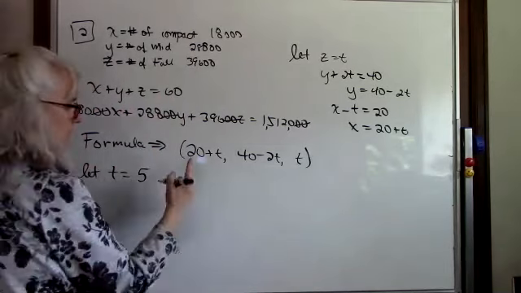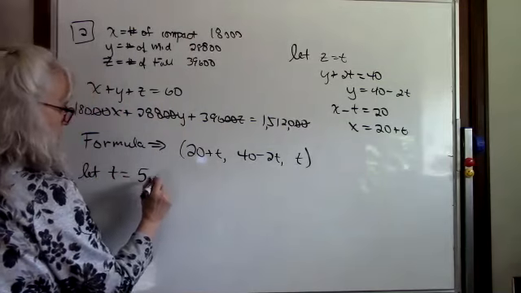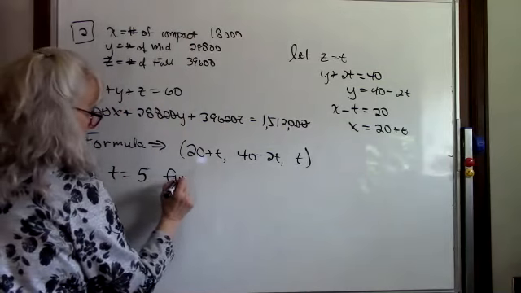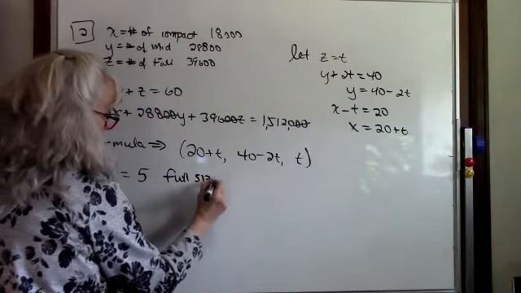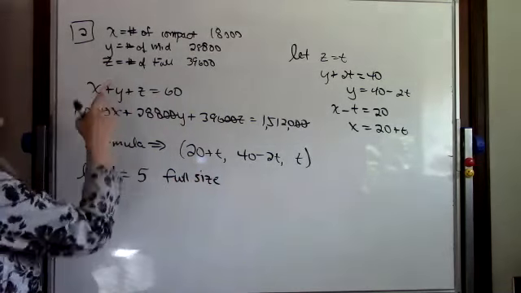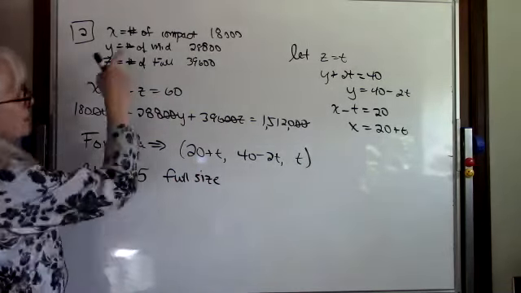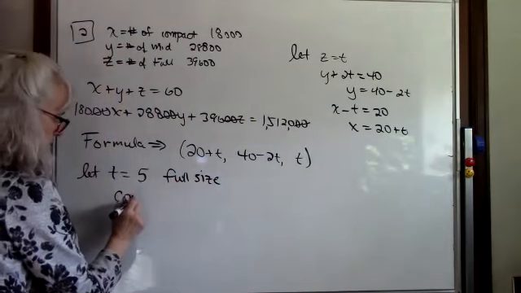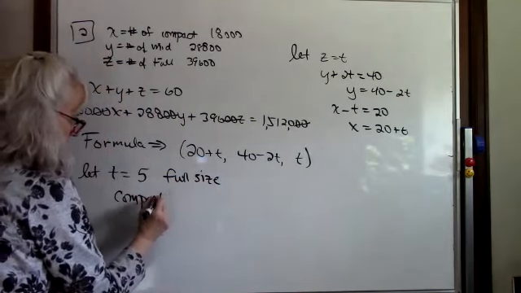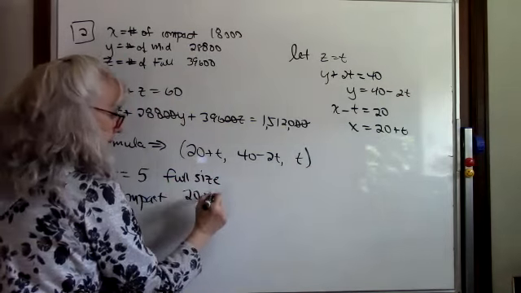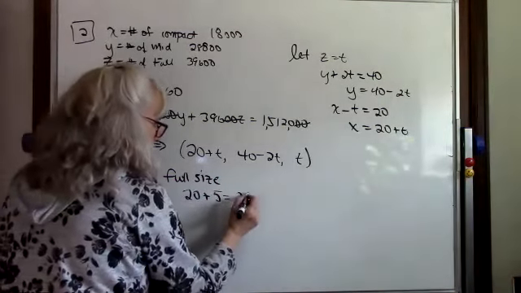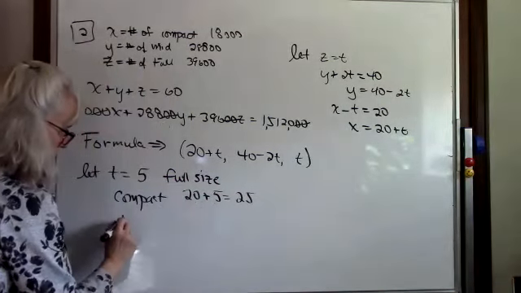So if T is equal to 5, then this would be the full size. Then the compact cars would be 20 plus T, but T is 5. So that would be 25 of those.